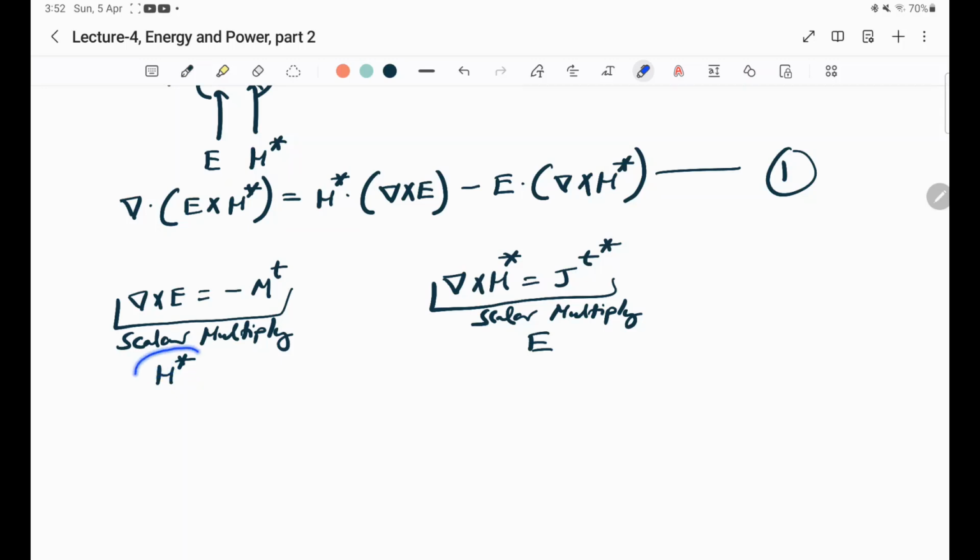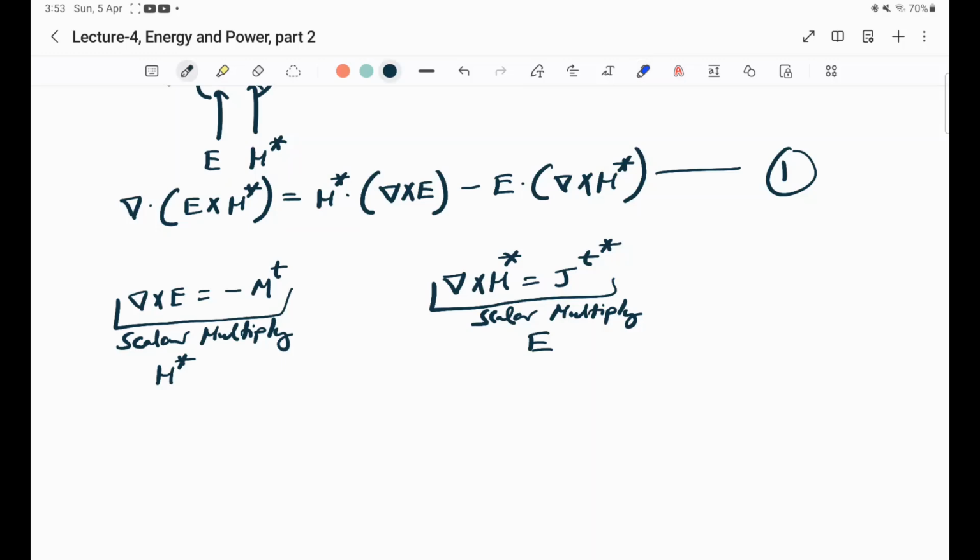Here we are doing the scalar multiplication with H star and here we are doing scalar multiplication with E, and we have used H star here and J total star here. The star represents the complex conjugate of that vector.